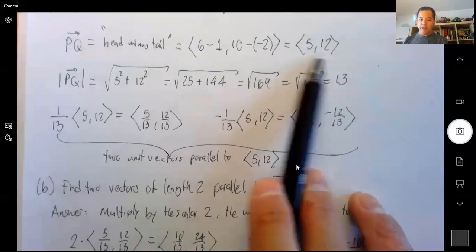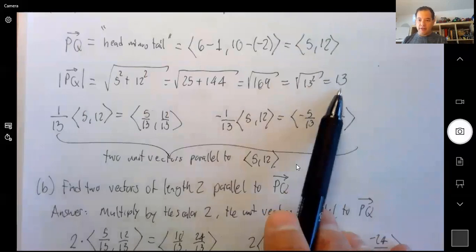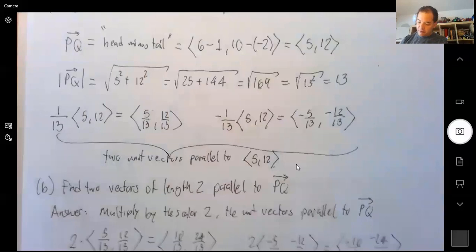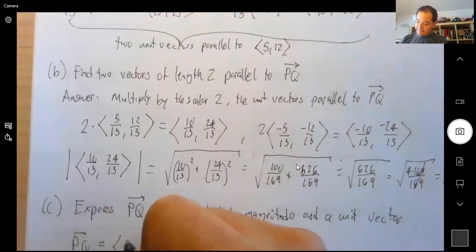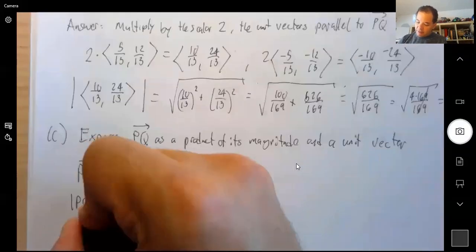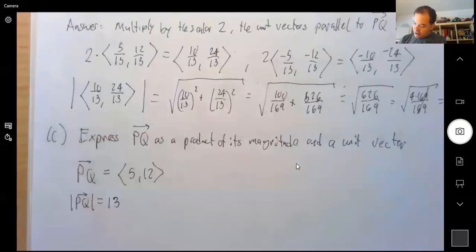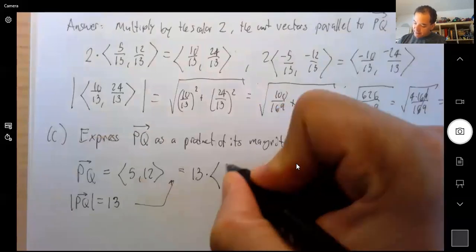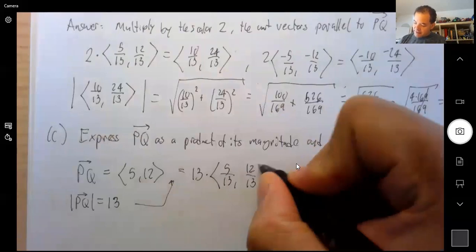And we already know that the magnitude of this guy is 13. So all we need to do is take the 13 out of 5, 12. So we can write it as 13 times 5 over 13, 12 over 13. And this is the magnitude.